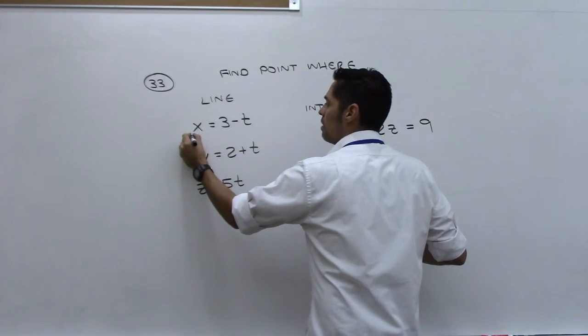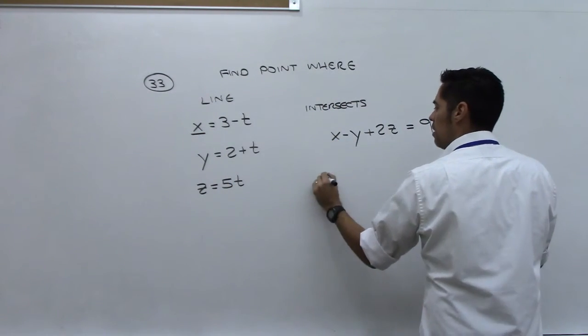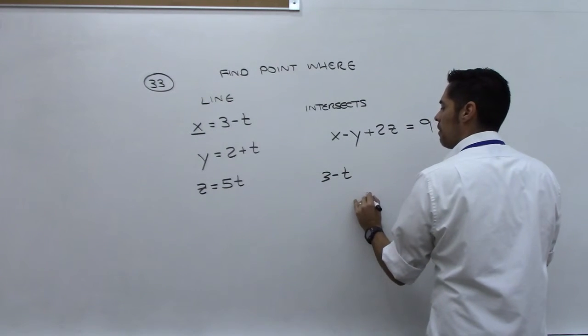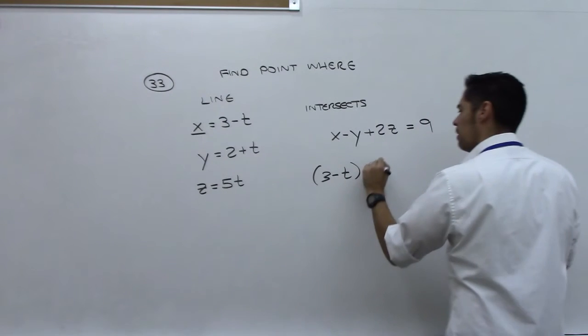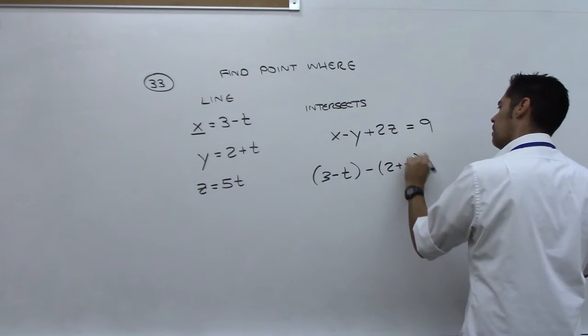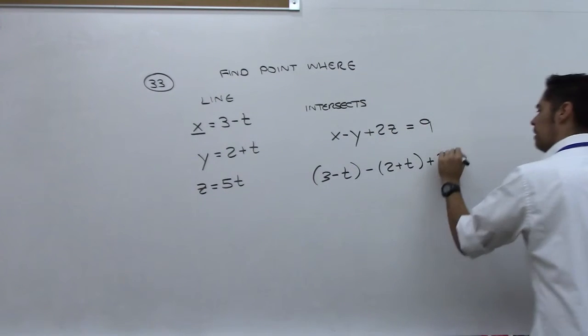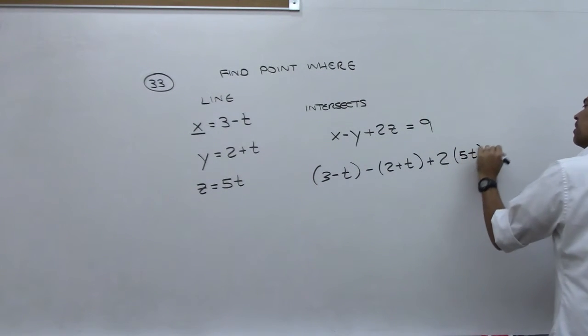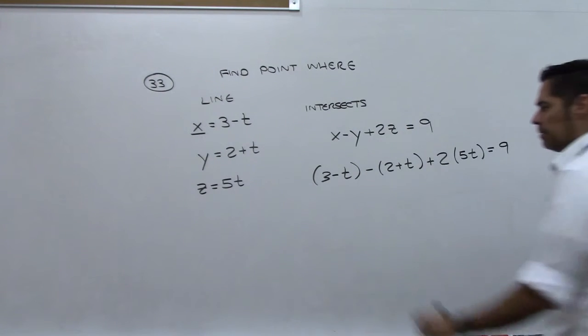So we know what the value of x must be. It must be 3 minus t. So if I come over here and I replace x with 3 minus t, and then go minus, and then I replace the y with this, 2 plus t, and then plus 2 times z, but z is 5t, that must equal 9. And what that'll allow me to do is solve for the variable t.